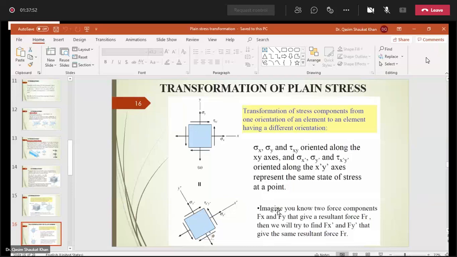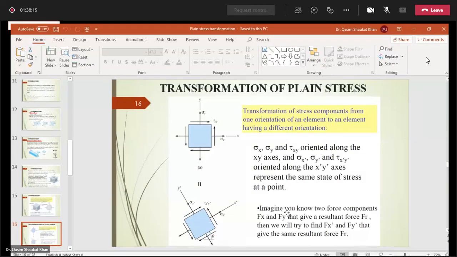So imagine you know the two force components. What we have done is multiplied these stresses with the respective areas to convert the stresses to forces, and then resolved these forces into their components about the x dash axis and y dash axis.